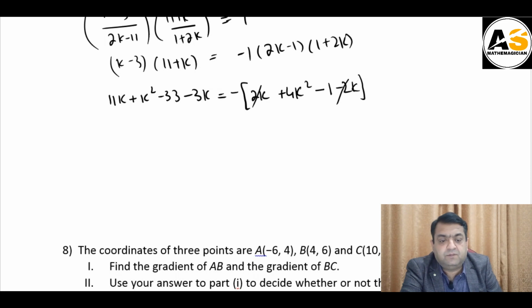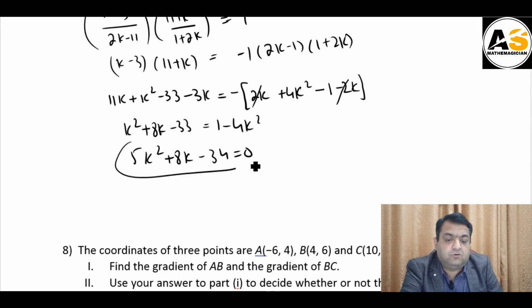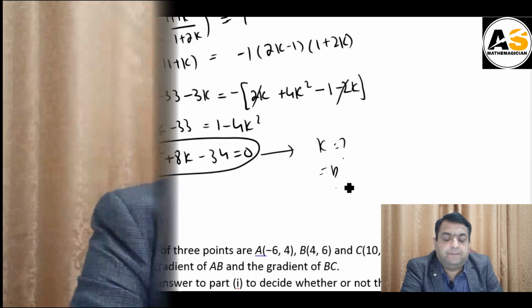Okay, this will be cancelled. k square plus 8k minus 33 is equal to 11 minus 4k square. 5k square plus 8k minus 34 is equal to 0. Dear, solve this quadratic equation. You will get two values of k.